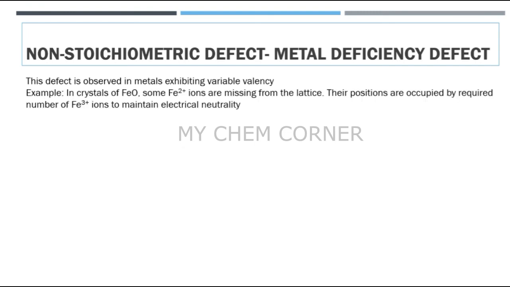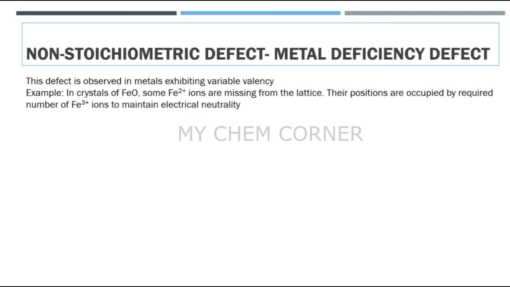If you're looking at an example, take a crystal of FeO, iron oxide. In iron oxide, some of the Fe2+ is missing from the lattice, and their positions are occupied by the required number of Fe3+ ions to maintain electrical neutrality.